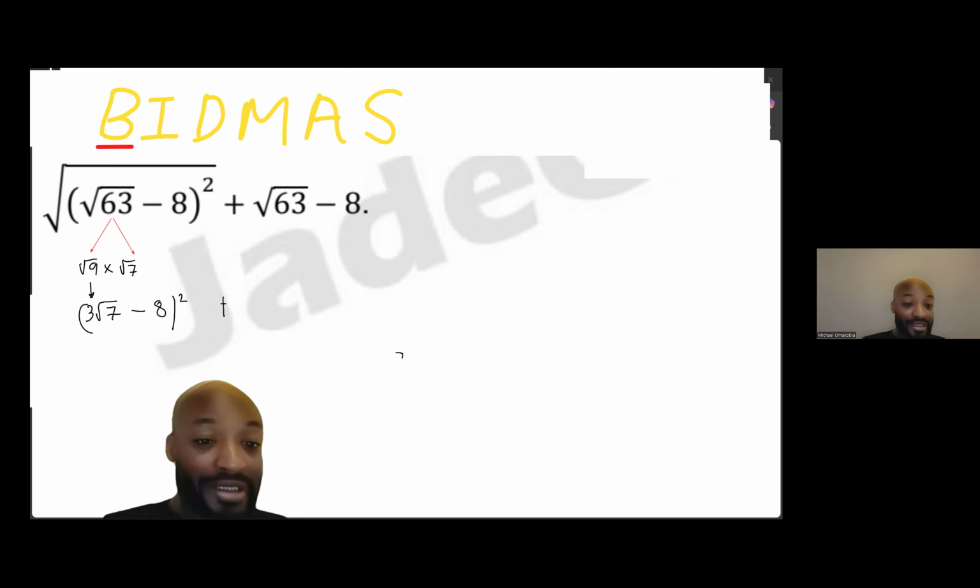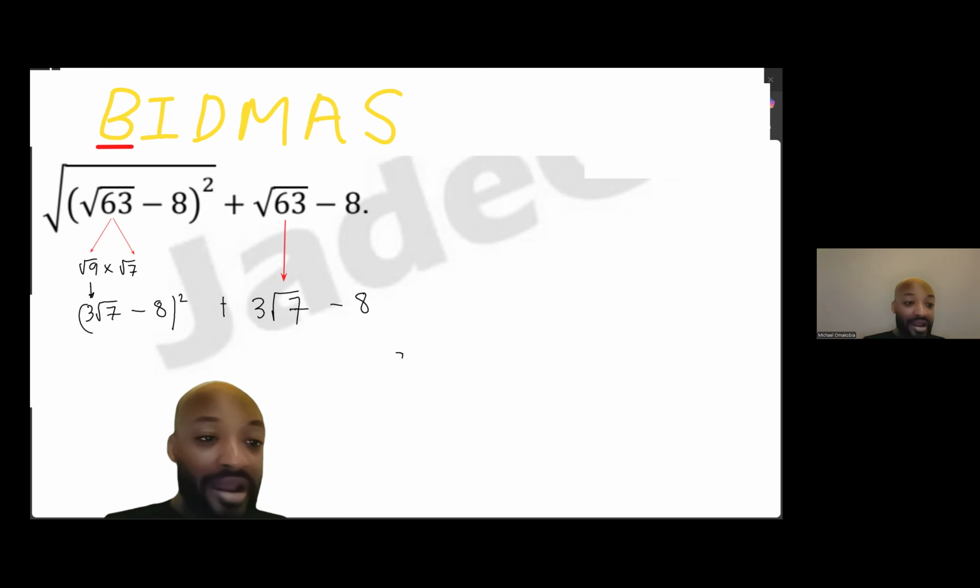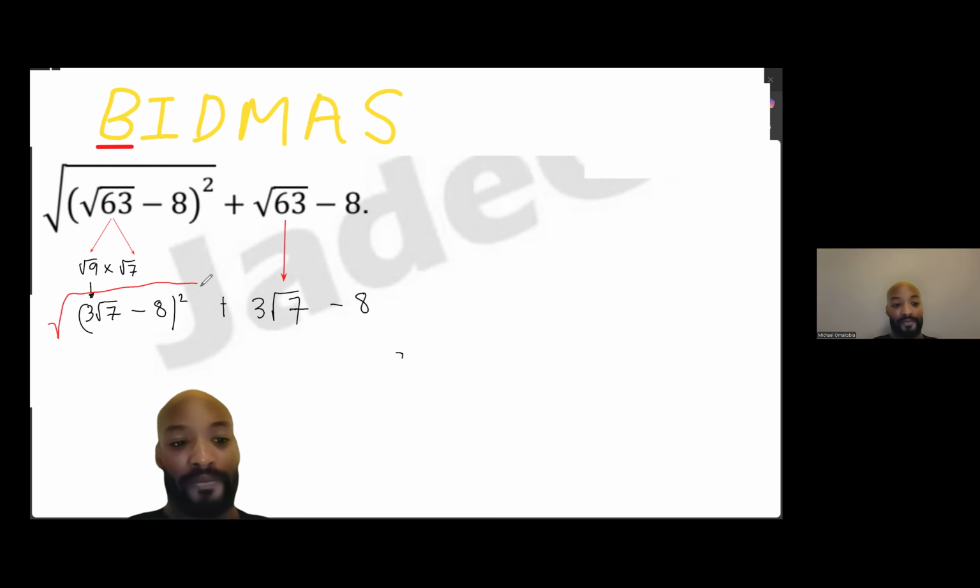So we're going to say plus 3 root 7 minus 8. And just for clarity, remember this 3 root 7 came from simplifying root 63. And we are not going to forget that there was a square root in the original question. So all of this was square rooted.